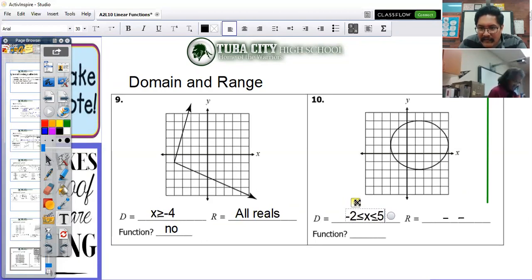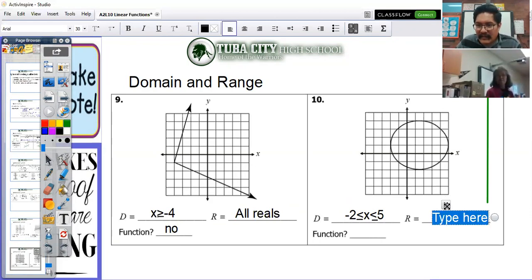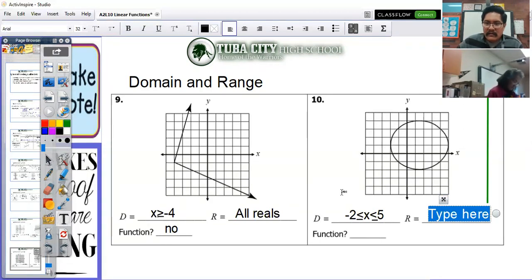Now I can't write an or equal to symbol here, so since I can't write the or equal to symbol, I just drew them in there. All right, and now for this next one here, doing the range. So again, imagine that horizontal line coming from the bottom, and find the first number that you get as a y value, which in this case is going to be also -2. But y is going to have to be greater than that.